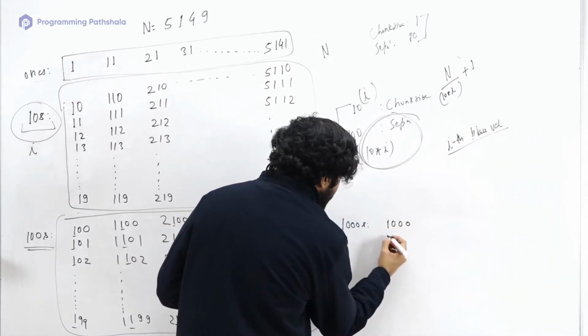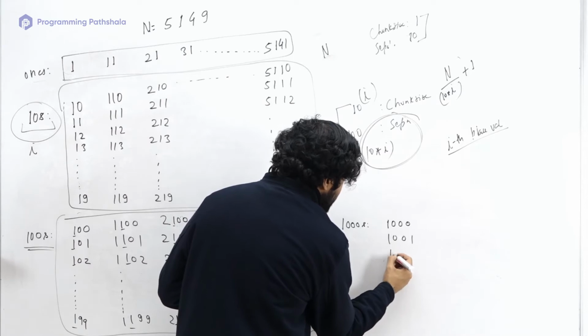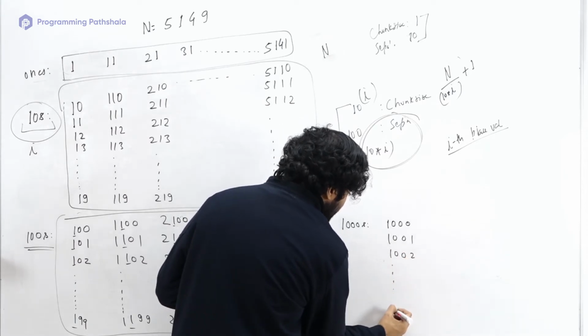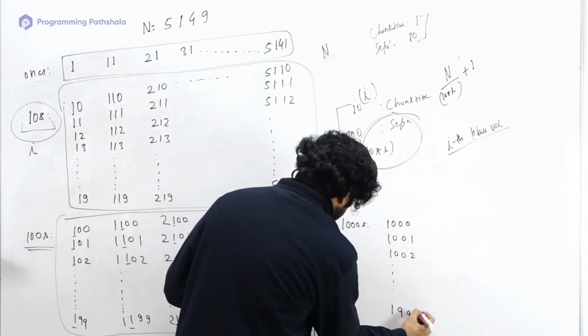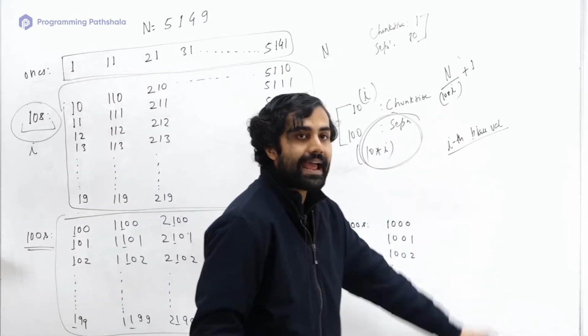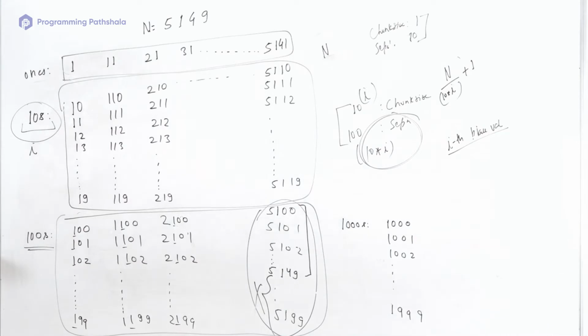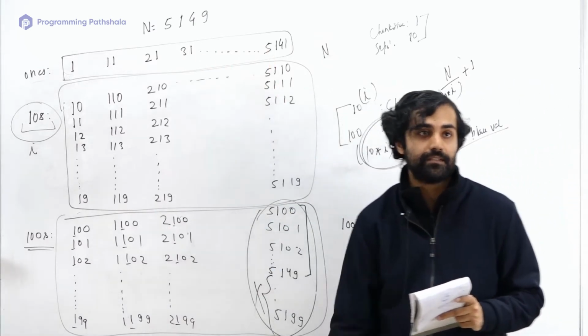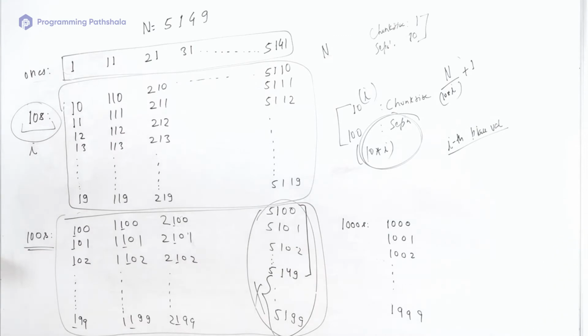And after this you will end up getting 1001, 1002, so on and on till 1999. What will be the next number that has a 1 at its thousands place value? It will be 11,000. But is that number worth being considered? The answer is no, because that 11,000 would be greater than my n. So that is not worth being considered.